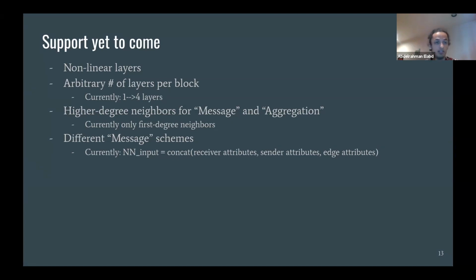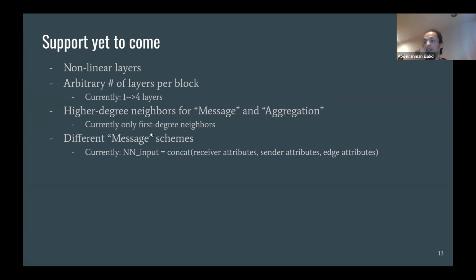There are ways to get around this, in that you can have more than one message passing step, right? If you send messages once, first degree neighbors have shared information, then you can send it again. So now I've received information from my first degree neighbor, but in the prior message passing step, my neighbor has received information from all of his neighbors. So in this step, I've received messages from my neighbor's neighbors in a way.